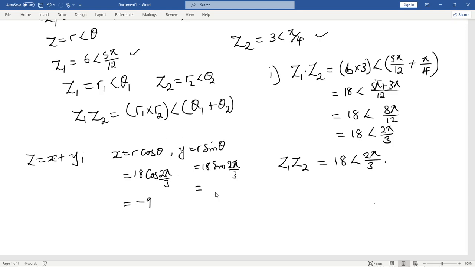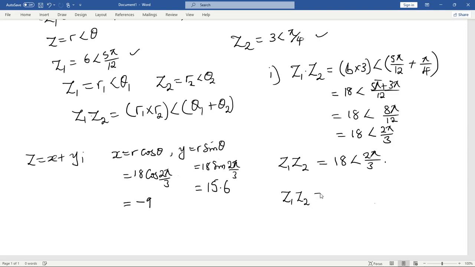We get 15.6 here. So we have 15.6 like this.